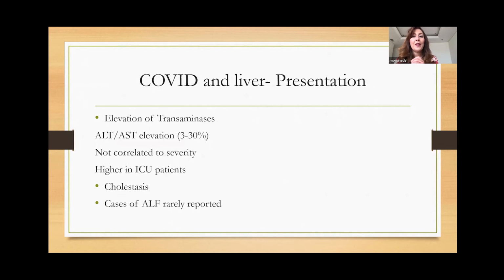But we found that the abnormal liver function is higher in ICU patients, which is expected because probably of other cofactors like hypoxia or drugs, etc. They also present with cholestasis because, as I mentioned, they target the cholangiocyte, but very rarely acute liver failure cases were reported.